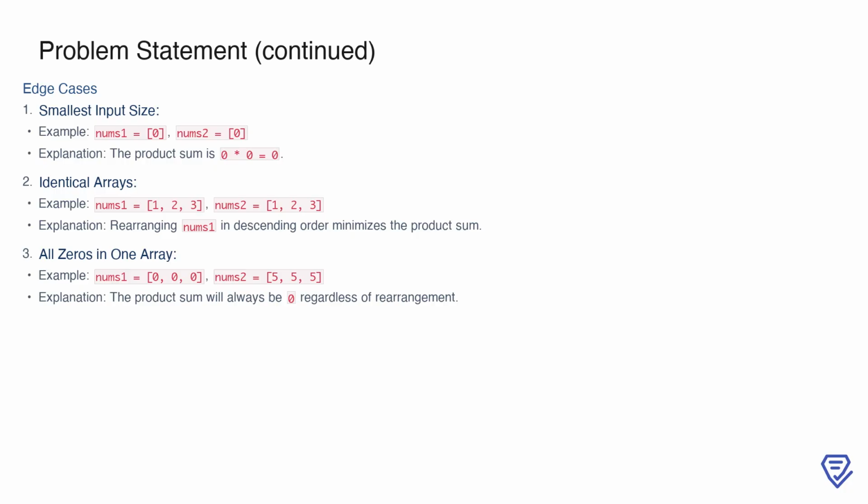Finally, if one array contains only zeros, for example, nums1 equals [0, 0, 0], and nums2 equals [5, 5, 5], the product sum will always be 0, regardless of how we rearrange nums1. These examples demonstrate the variety of scenarios we need to consider when solving the problem.